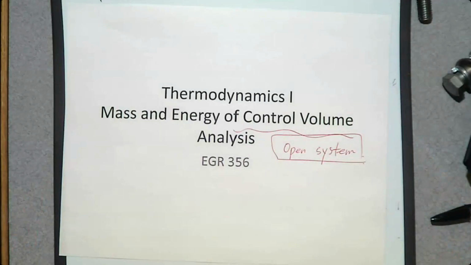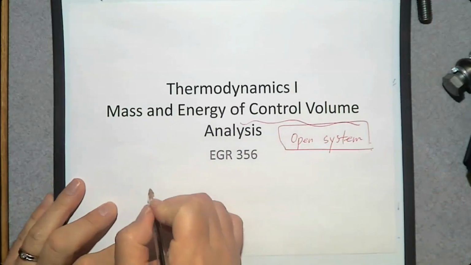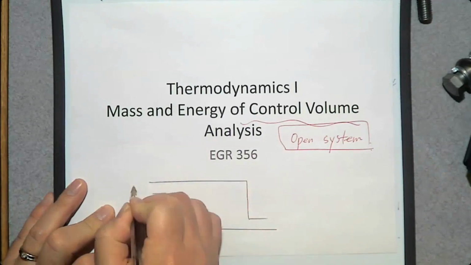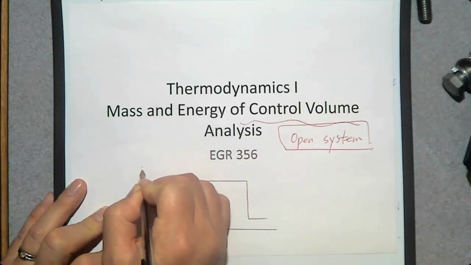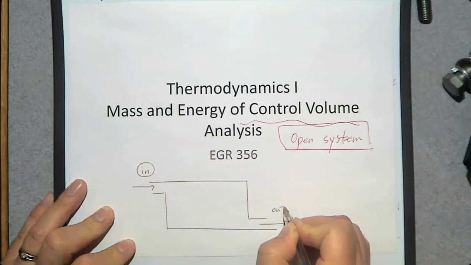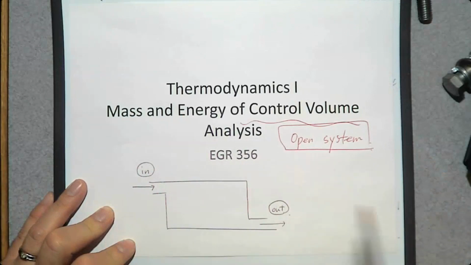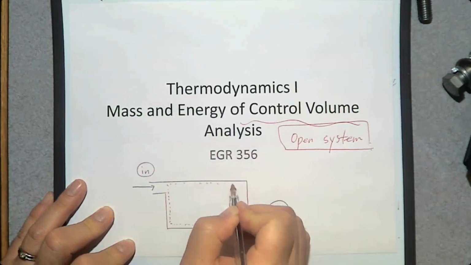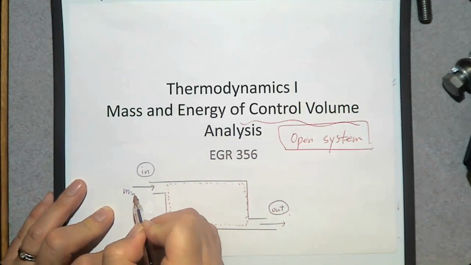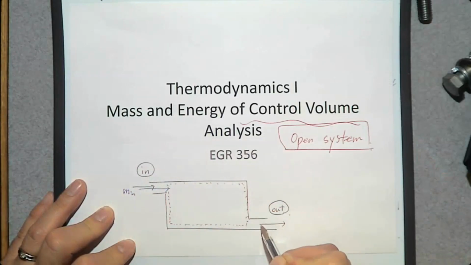When you have an open system, such as this kind of system, there is an inlet, there is an exit. So let's say that water is flowing in this pipe and chamber, and mass goes into this system and mass leaves the system.